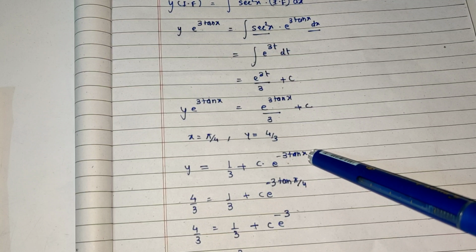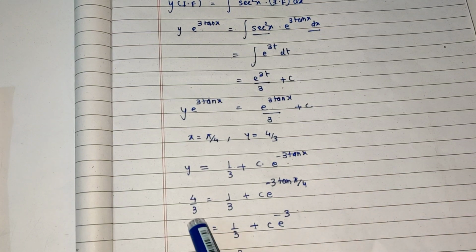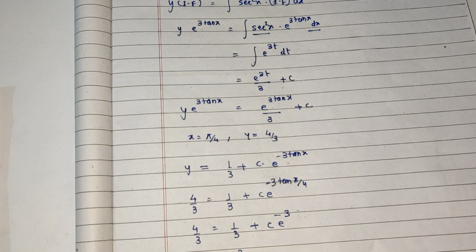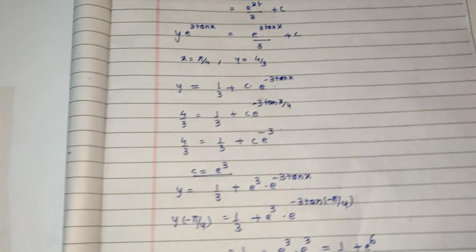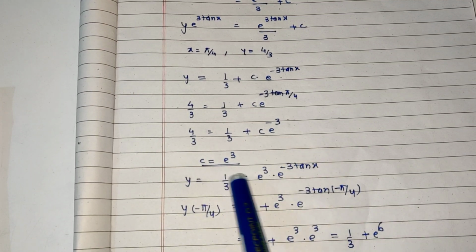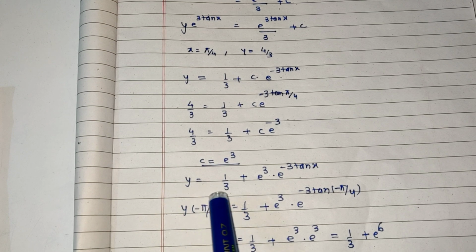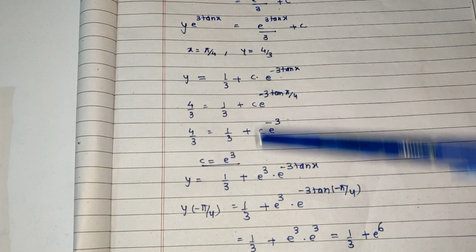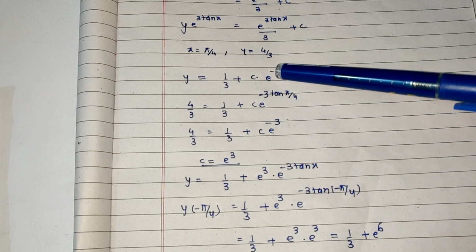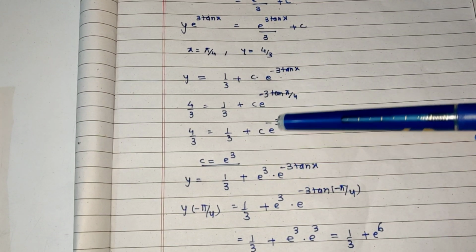Here x is π/4, so tan of π/4 is 1, that is e raised to power −3. So y is equal to 4/3 given, so that you'll get c is equal to e raised to power 3. Solving this, you'll get y is equal to 1/3 plus e raised to power 3 into e raised to power −3 tan x.